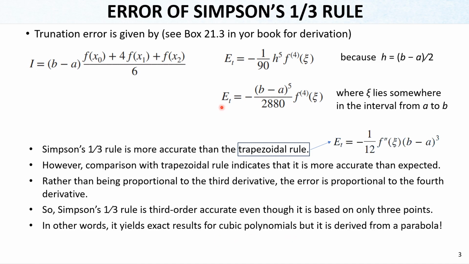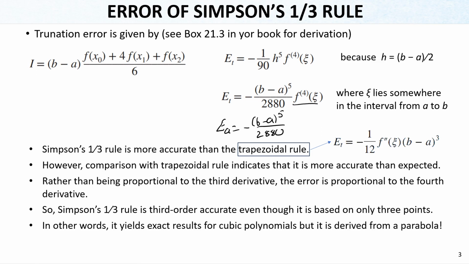And for the approximation error, when we don't know the true error or true value, we can simply write it as minus (b minus a)^5 divided by 2880.